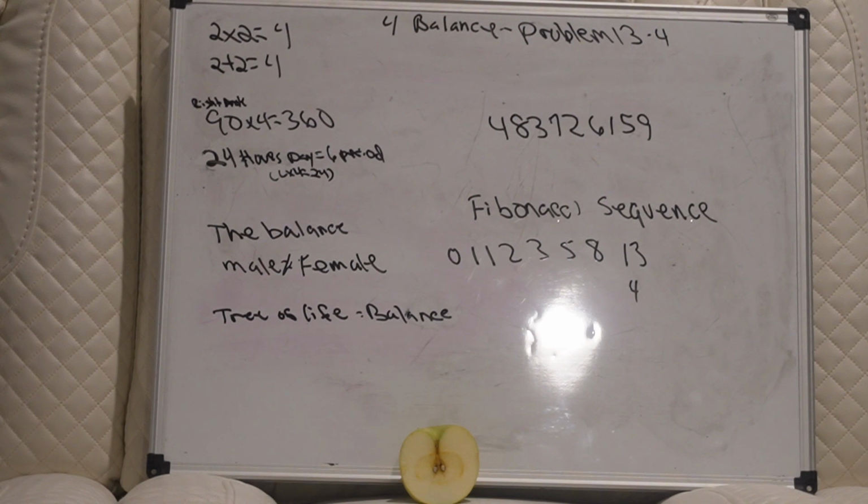Right? So the balance is there. 90 times 4 is 360. Right? The circle is forever. And the more you go into the Fibonacci sequence, the closer and closer you get to pi, if you understand what pi is.